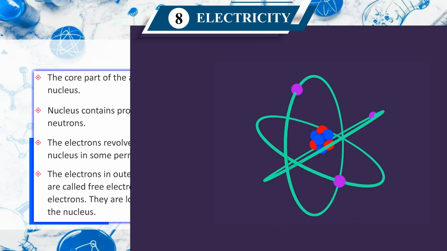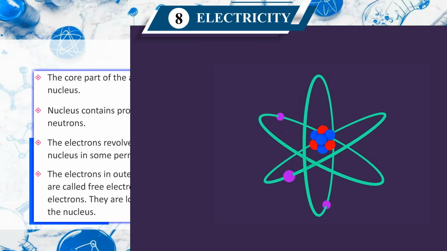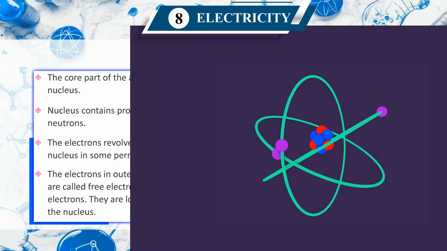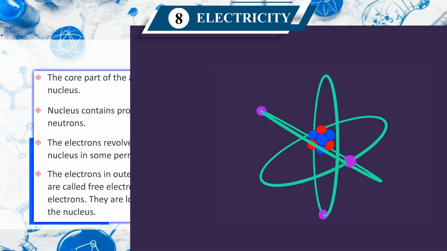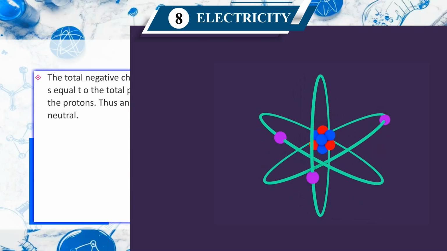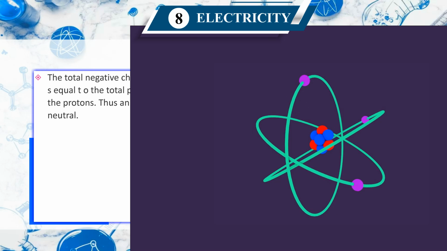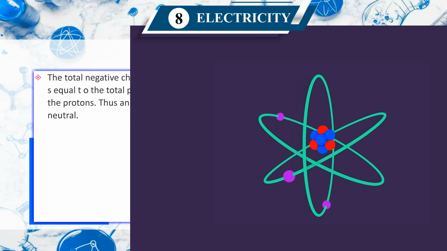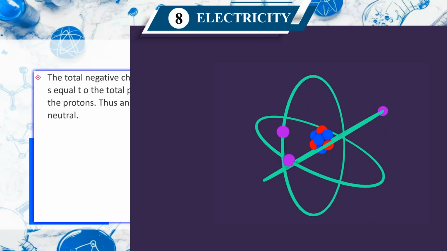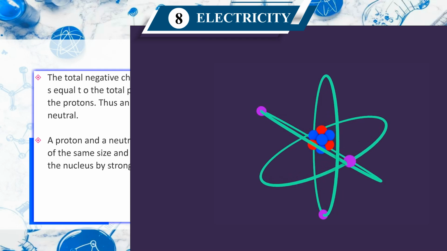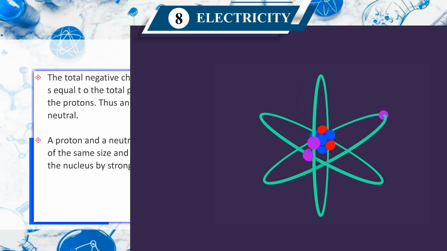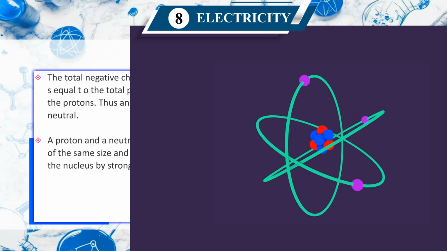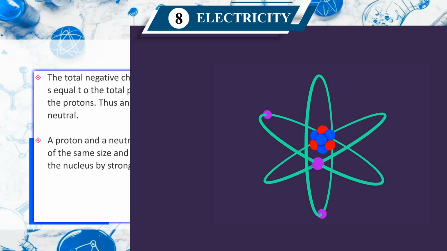The electrons in the outermost orbits are called free electrons or valence electrons. They are loosely bound to the nucleus. The total negative charge of the electrons is equal to the total positive charge of the protons. Thus, an atom is electrically neutral. The proton and a neutron are roughly of the same size and are held inside the nucleus by strong nuclear forces.